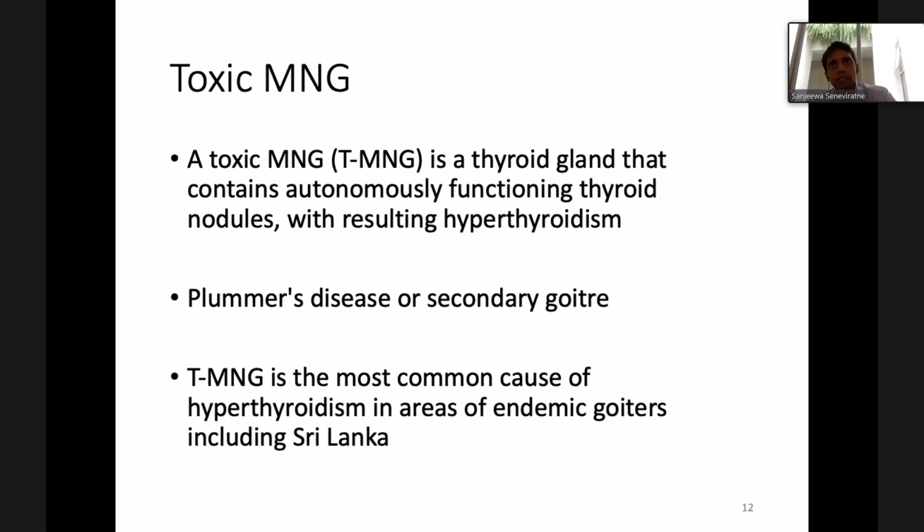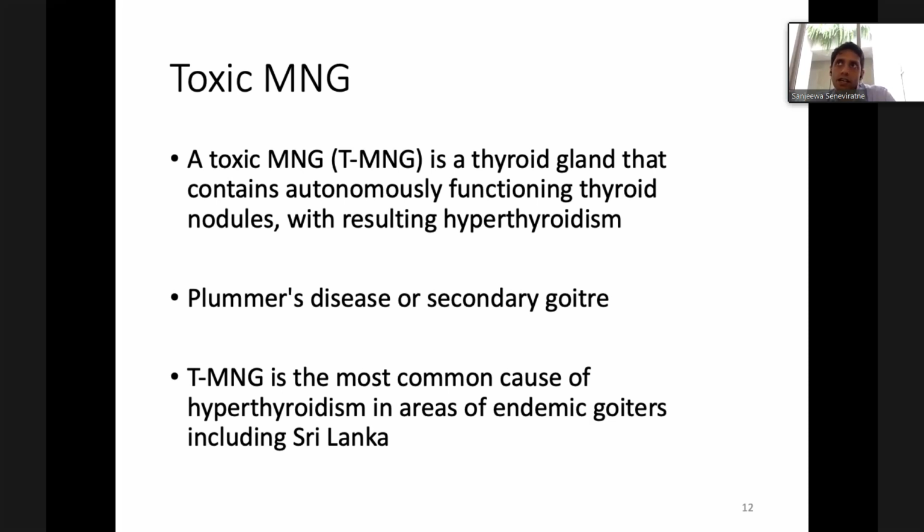In a multinodular goiter, these follicles undergo hyperfunctioning, involution, etc., repeatedly, and that may lead to the formation of autonomous cells which are no longer under the regulation of TSH. So, without the presence of TSH, these cells are capable of secreting thyroxine. This condition is also known as secondary thyrotoxicosis or Plummer's disease, and it is directly related to the incidence of goiter, multinodular goiters in a country.